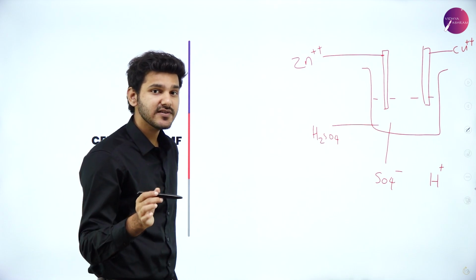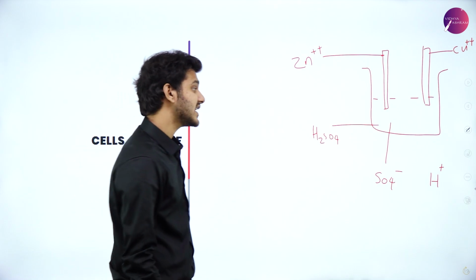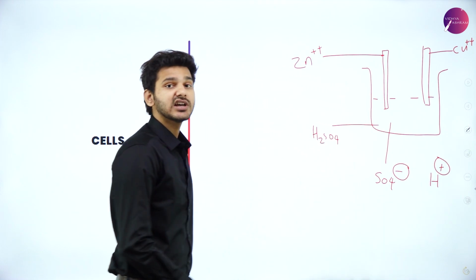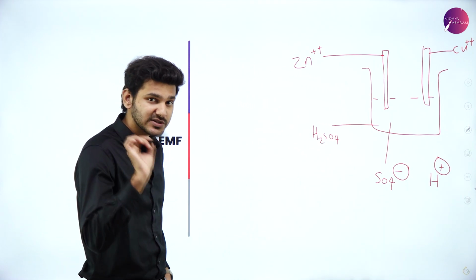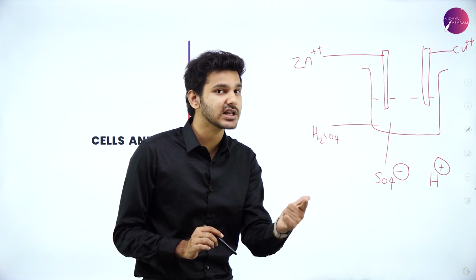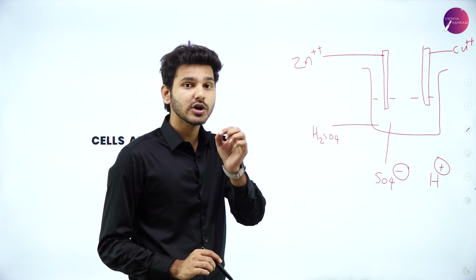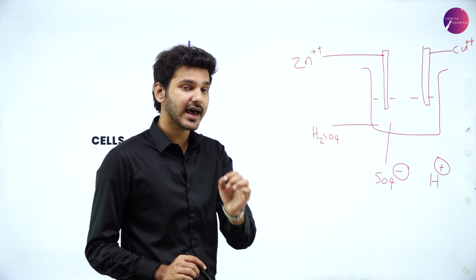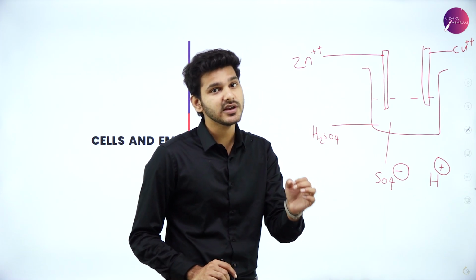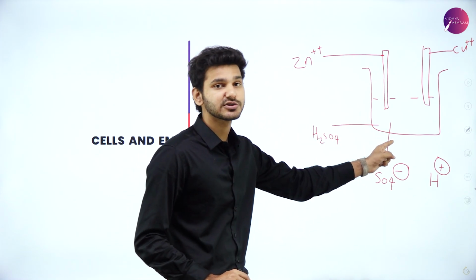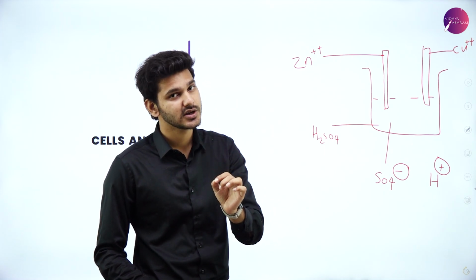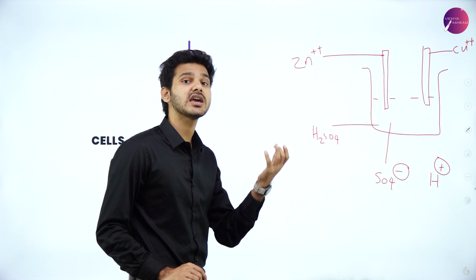The point we are aiming for is that these ions are charged particles, which means that in current electricity, it does not matter if it's a solid, a liquid, or a gaseous matter. The only thing we are concerned about is that there is a charge, which means that there will be flow of charges in this solution, which means that it can generate electricity. So this is a photovoltaic cell.